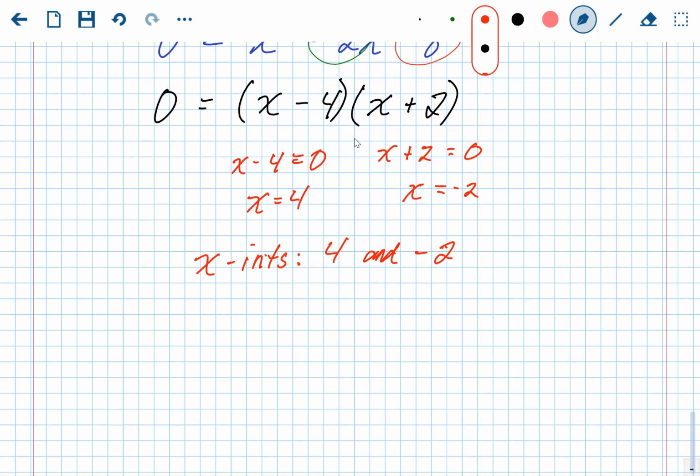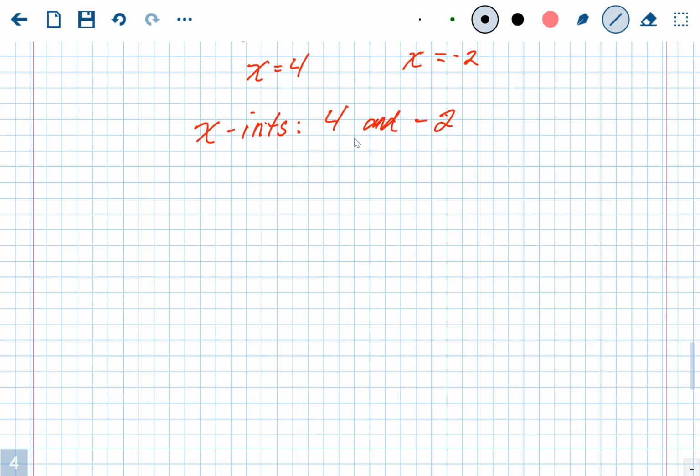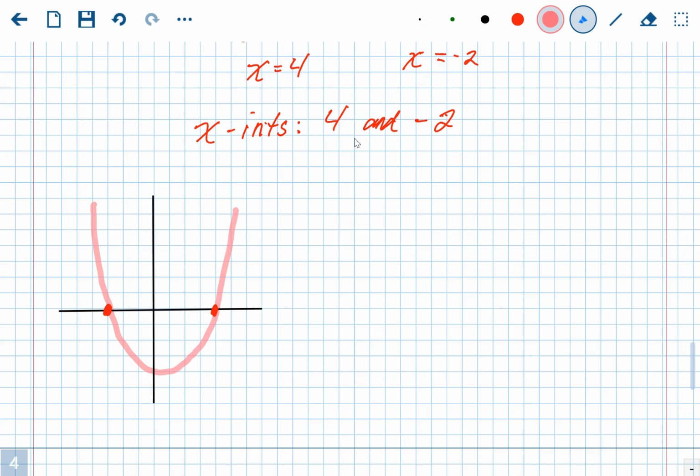All right, and then I'll go over one more just because they're on the homework. I mean, these are the easy ones. If you're given a graph and it wants you to find the solutions, which again just means find the x-intercepts, all you have to do is find out where it crosses the x-axis.